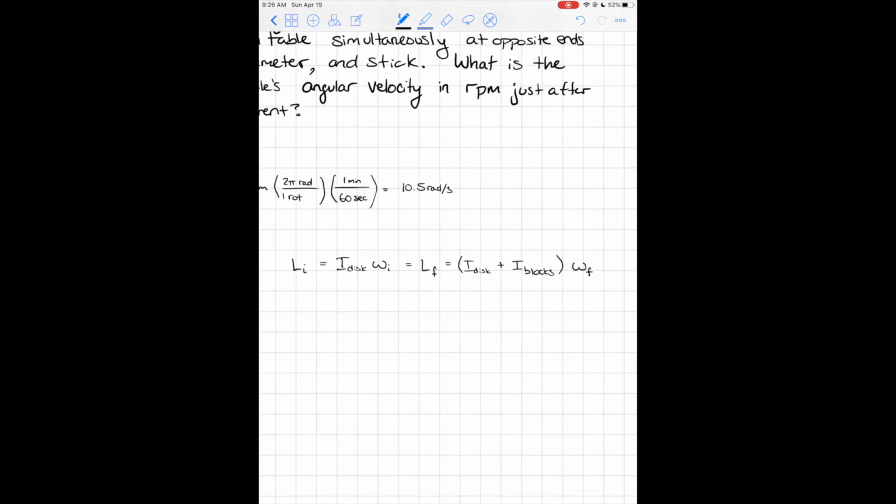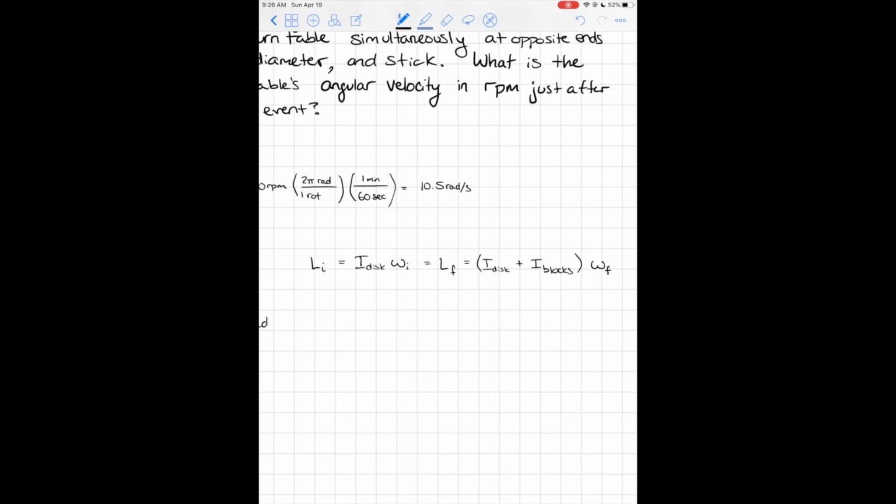What we have here is a perfectly inelastic collision, but we're conserving angular momentum this time. So when we think about what we have initially, I of the disk, well, a disk has an I of 1/2 m r squared times omega i, which equals the same 1/2 m r squared, plus, now I need to worry about what the I of the blocks are.